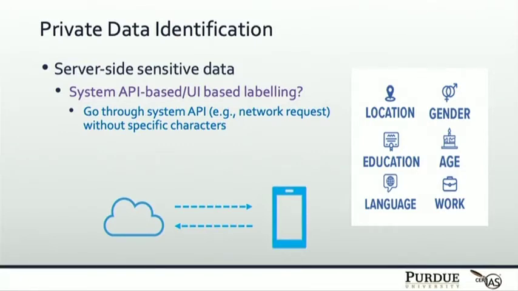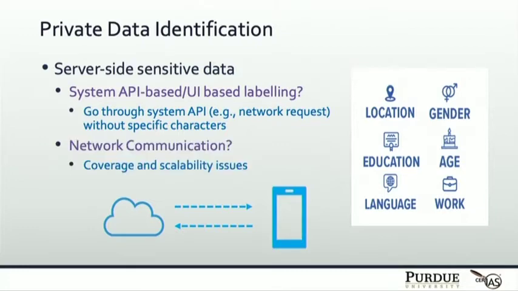One may also ask why we don't capture such data by intercepting the network interface with runtime analysis. Yeah, this works in some cases, but it is limited in both coverage and scalability.